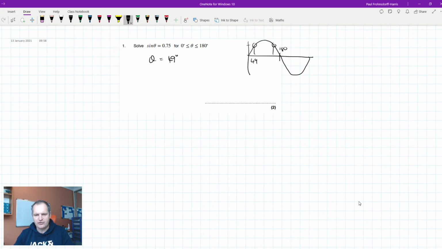So I'm going to do 180 minus 49 for the mirror line. Don't forget the mirror line. So it's going to be 131. That's the two angles, and because they're both between 0 and 180, I've got my two answers. So I would write them down, 49 and 131. Don't forget my degree symbol.